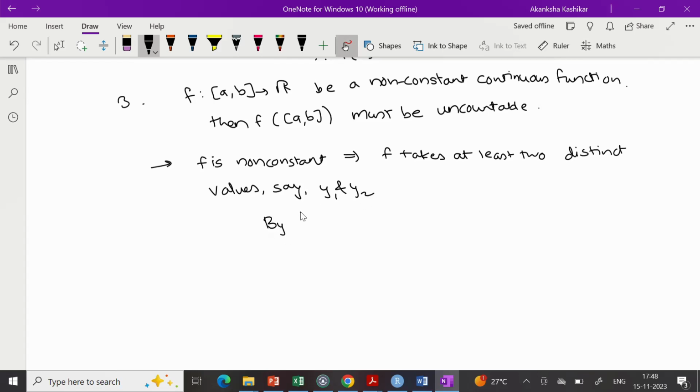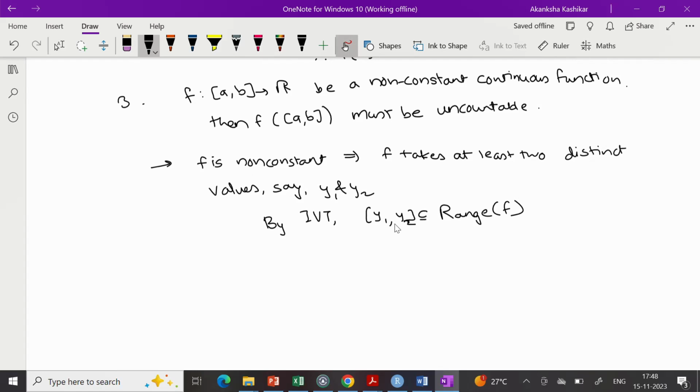Now by the intermediate value theorem, every value between y1 and y2 is taken by some point. By the intermediate value theorem, the interval y1, y2 becomes a subset of the range set of f.